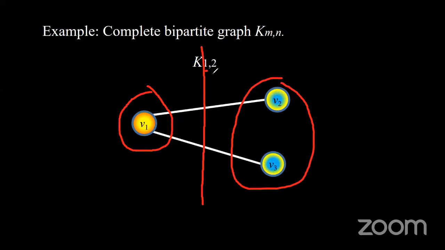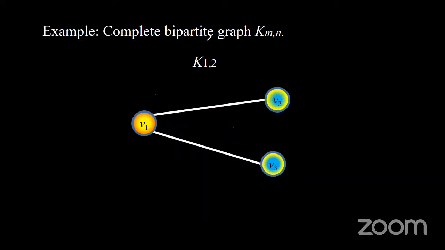So you have 1 and 2, and every vertex here is adjacent to the vertices there. We're going to have another example.